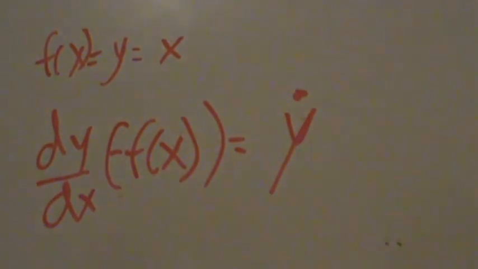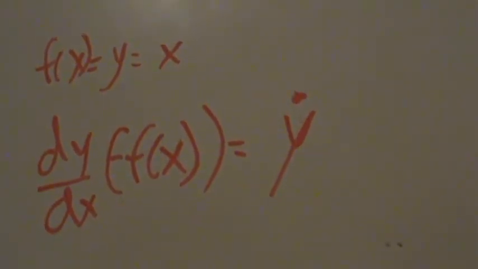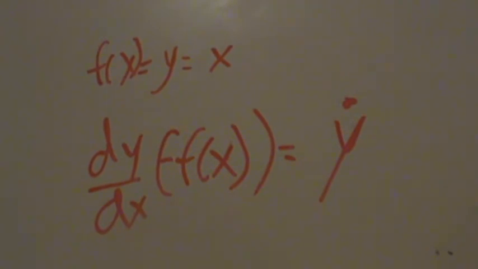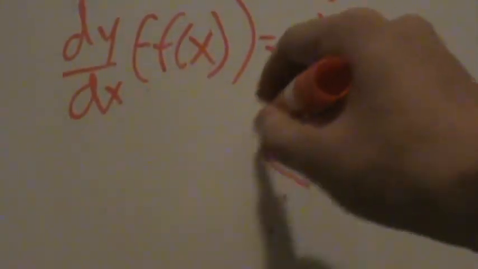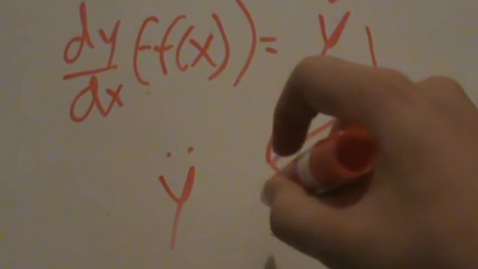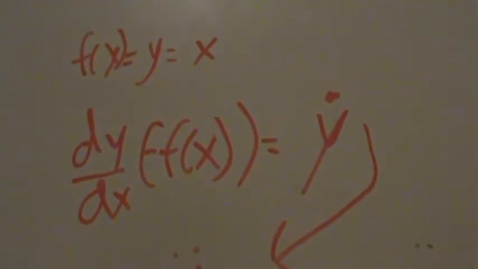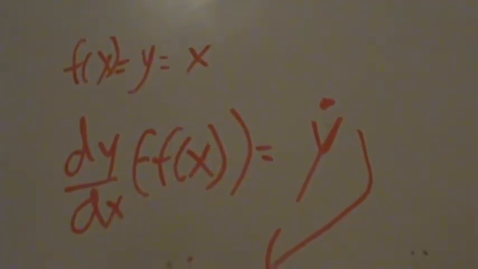Bam, this is Newton notation. The dot over your dependent variable represents what order derivative it is. If I had 2 dots, that'd be the second derivative, 3 dots, the third derivative, and so on and so forth.